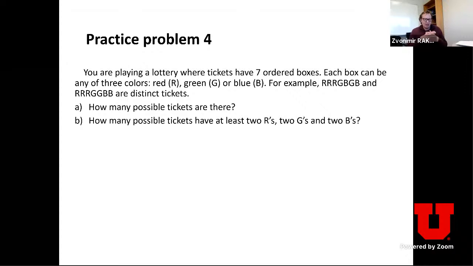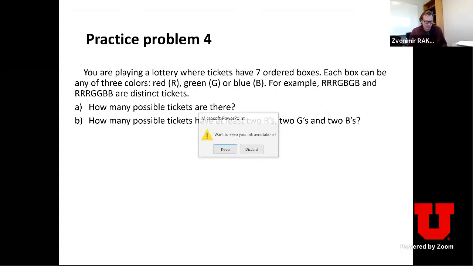I will split you into breakout rooms for this. However, I cannot share the slides with you in the breakout rooms. So I'll give you 30 seconds to note down the basic things: 7 ordered boxes, choosing between R, G, B, and A is how many possible tickets, and B is how many tickets have at least 2 R's, 2 G's, and 2 B's.